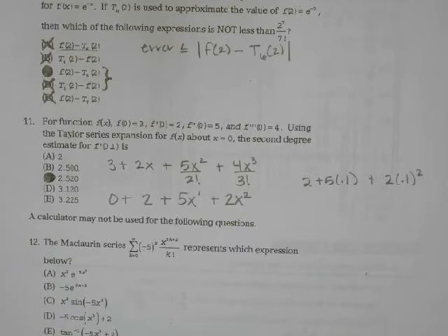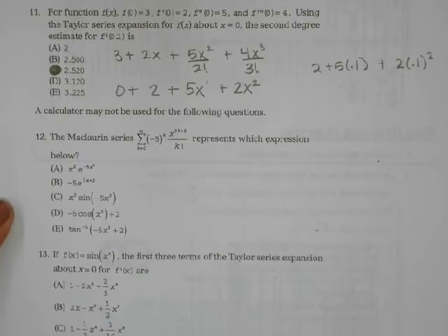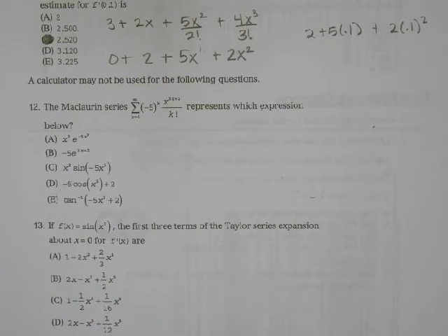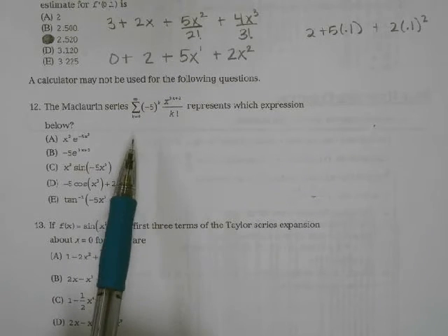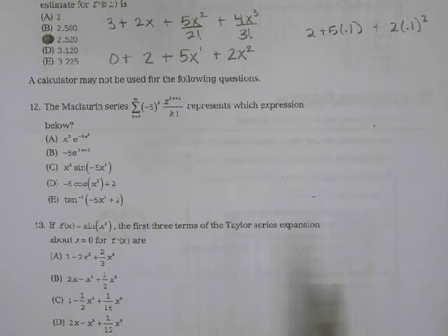All right, so here we've switched back to not being able to use a calculator. Number 12, the Maclaurin series represents which expression below? And I wasn't able to narrow down a lot. This one I kind of thought through like the process I had used for the last one to help me.